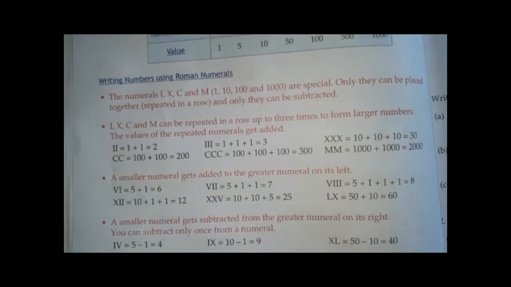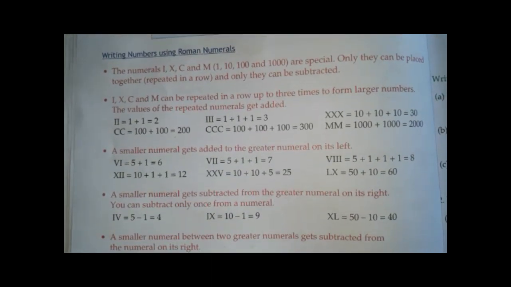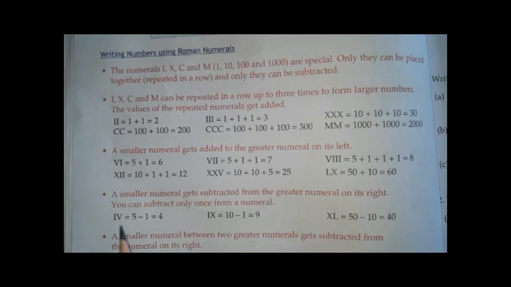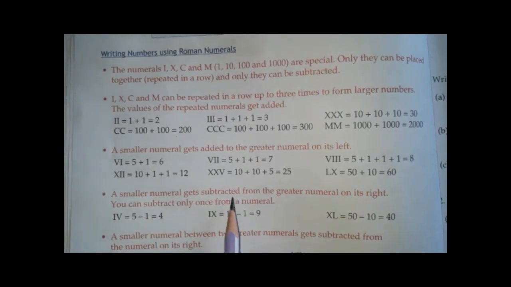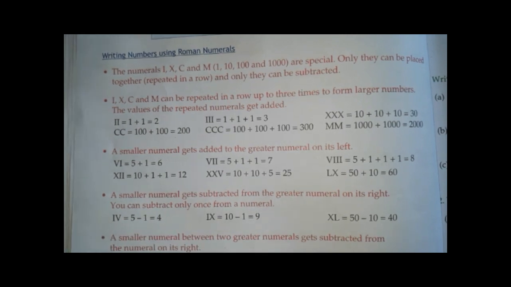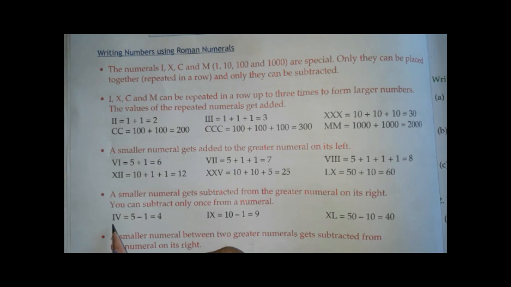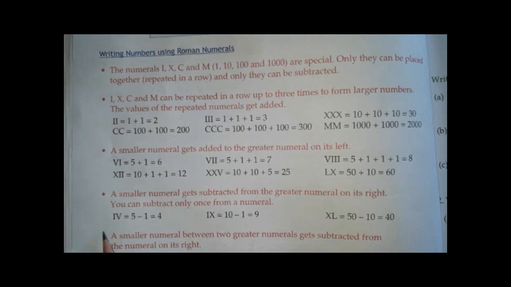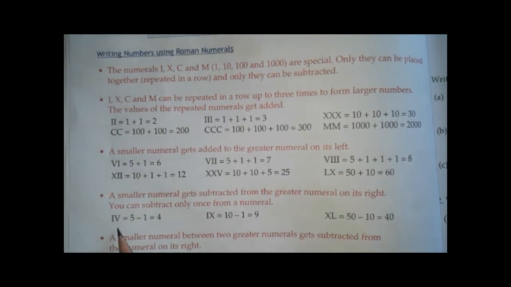The fourth rule we will study here is that a smaller numeral gets subtracted from the greater numeral on its side. That means it is the opposite of the rule we have just learned.